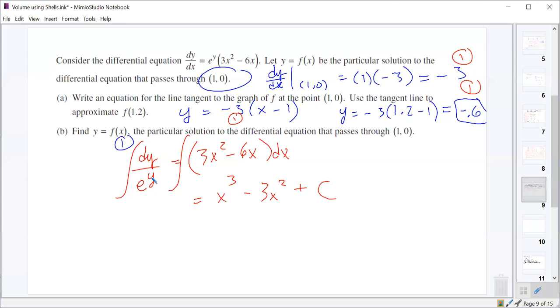What about on the left-hand side? How are we going to integrate dy over e to the y? No, it is not. That only works if it is just a single variable in the denominator. You would have to do a u substitution to make that work. That is one of the most common mistakes that people make.